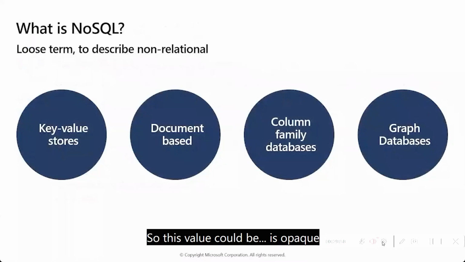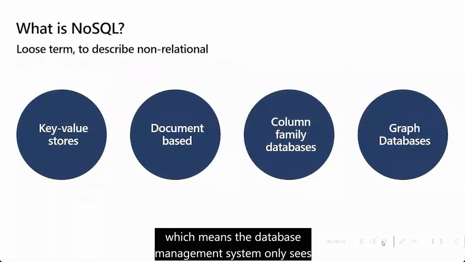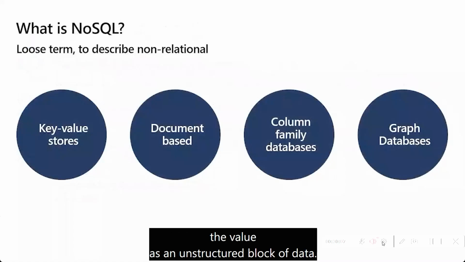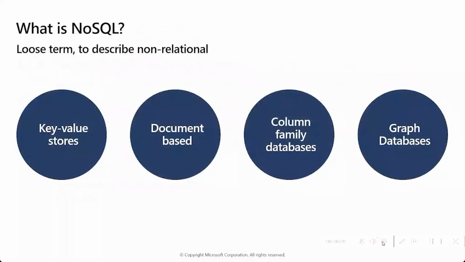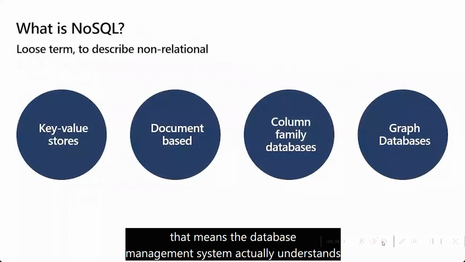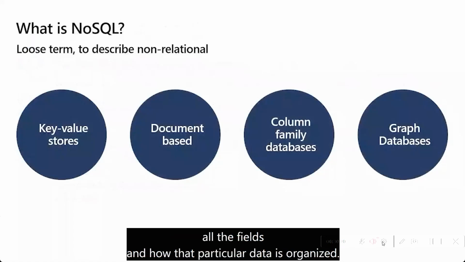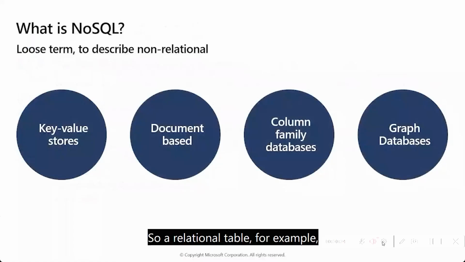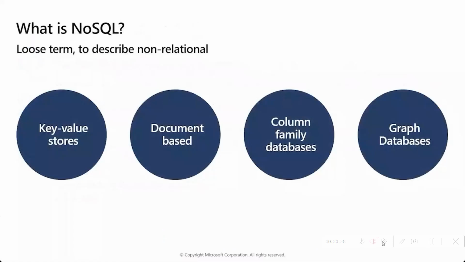So this value is opaque to the database management system, which means the database management system only sees the value as an unstructured block of data. Vice versa, if the value was not opaque, so transparent, that means the database management system actually understands all the fields and how that particular data is organized. So a relational table, for example, has a transparent structure.